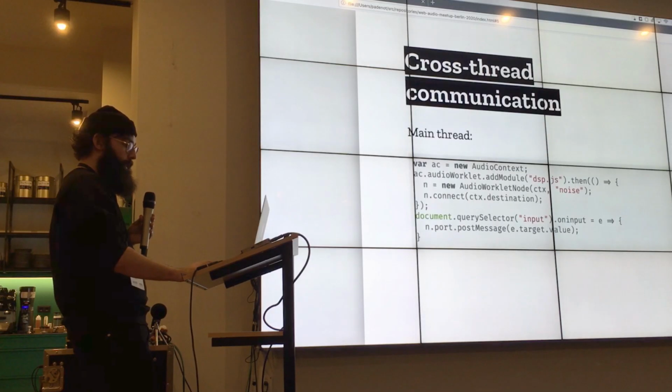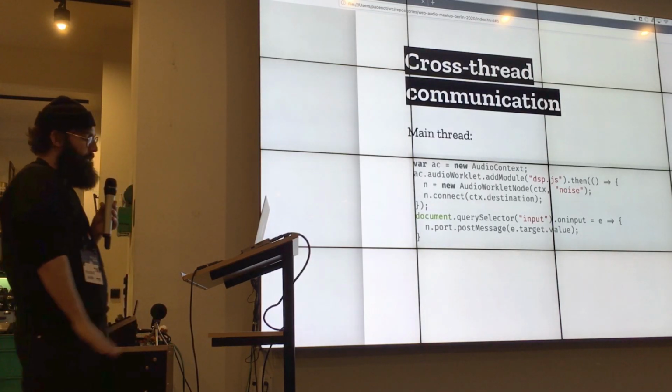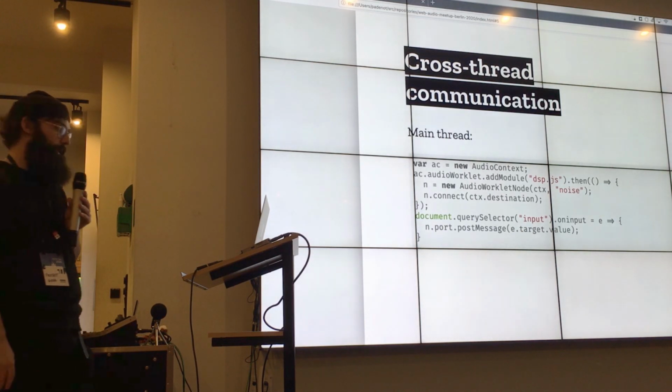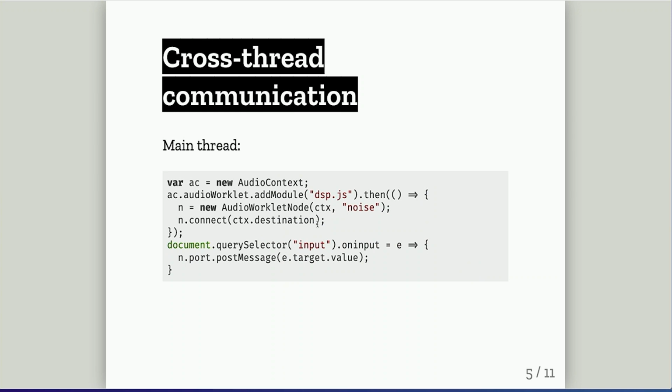And we'll see this is not quite true, because you can also communicate back and forth between the main thread and the audio thread. To do this, we have more or less the same code as before. But we also see that this node has a port, and the port supports postMessage.